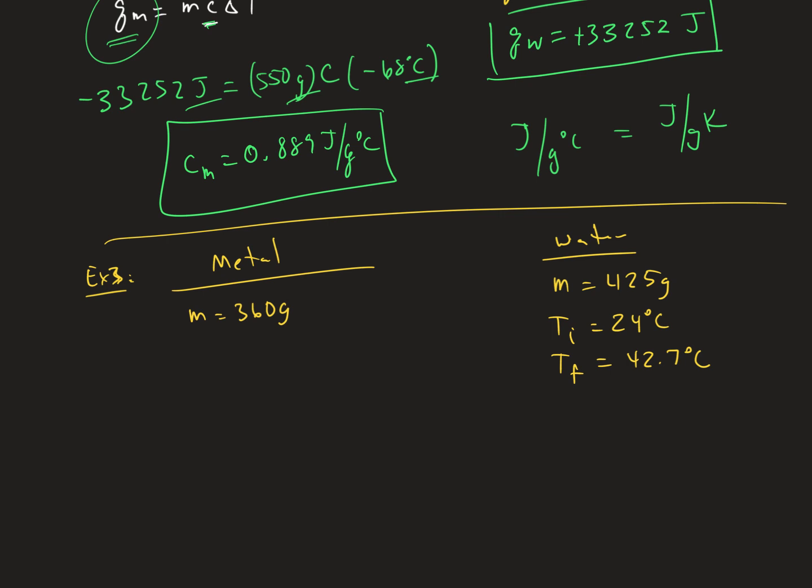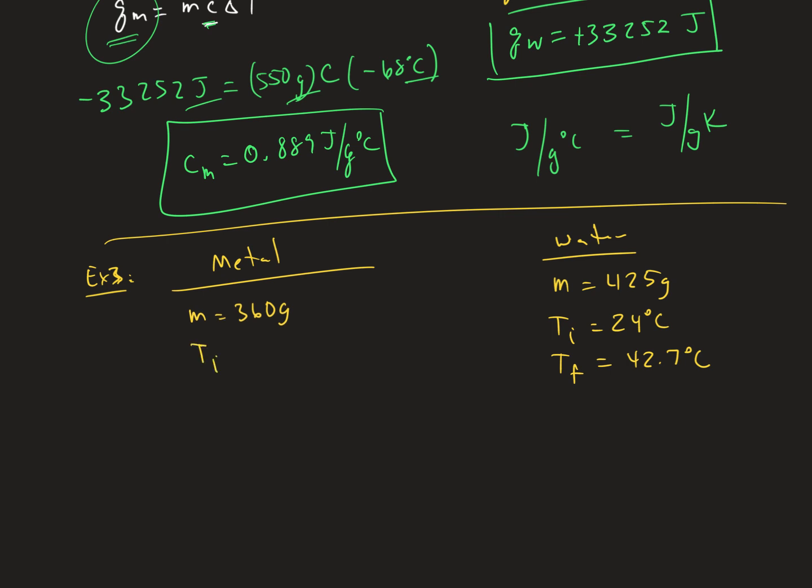Because I got these problems from the guy that, anyway, just to make it simple on my part. And that's what he used. But yeah, it doesn't have to be 42.7. Is this one of those doctor guys you were talking about? Maybe, I don't know. What is the initial temperature of the metal?